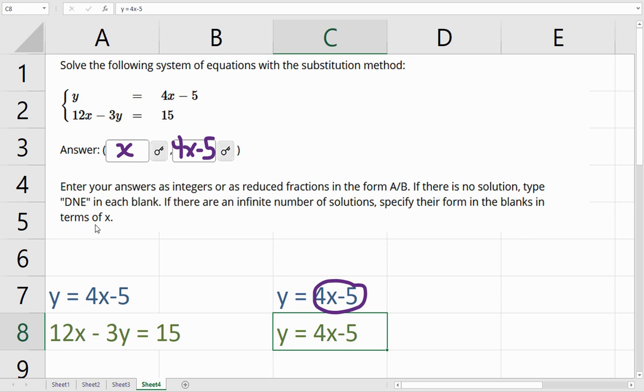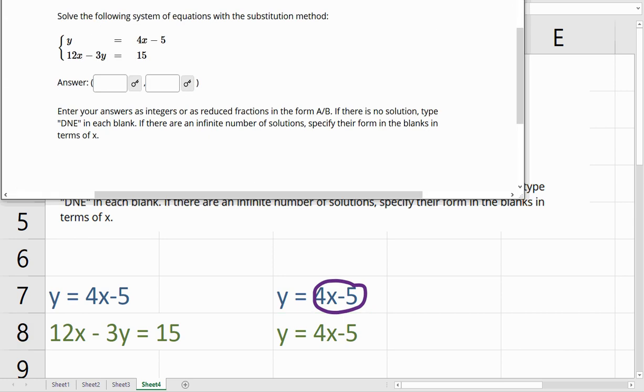Now, if it had said write it in terms of y, that would be slightly different, and all we would want to do is solve this for x, and we would have y in the second box and then the equivalent expression of x in the first box. So let me show you what that might look like, or what it would look like for this example.